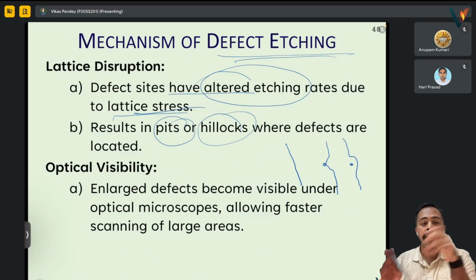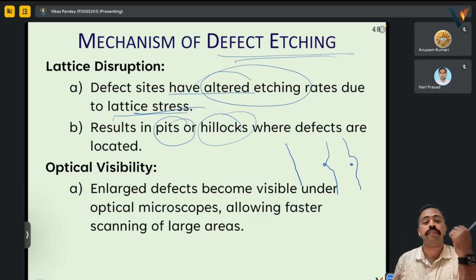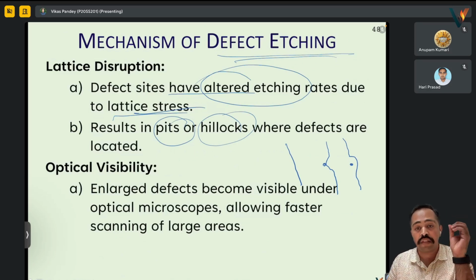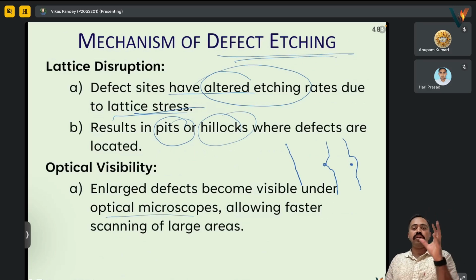Such things are used to enlarge the optical visibility, and then you will be able to check with an optical microscope that this area has defects, since you can now see the pits or hillocks, and that's why you are able to easily scan a large area to understand, okay, this area has defects.